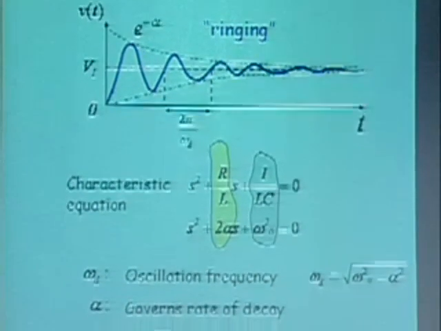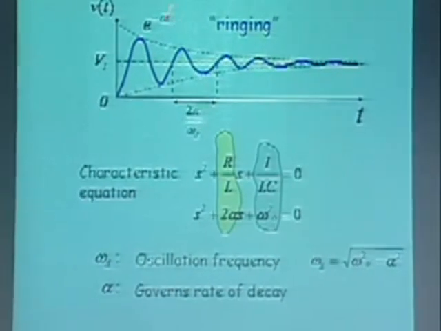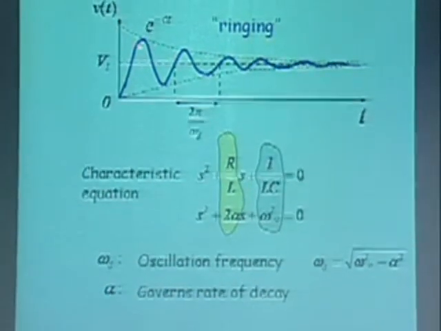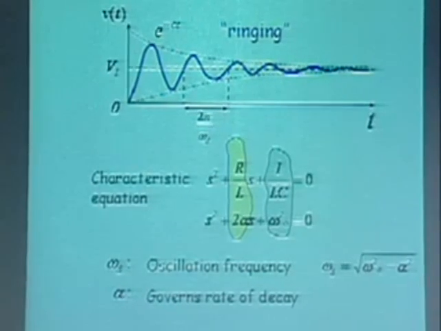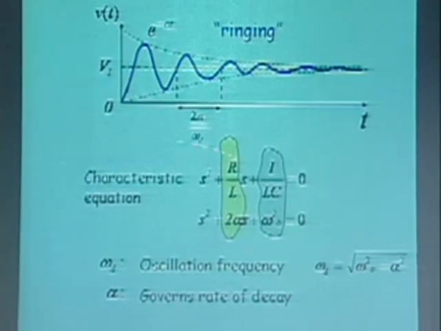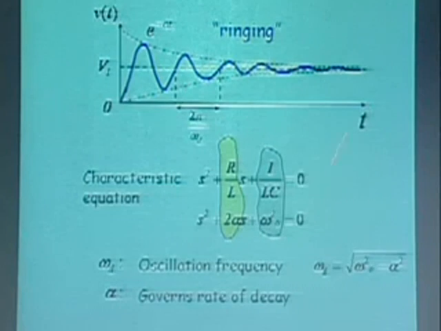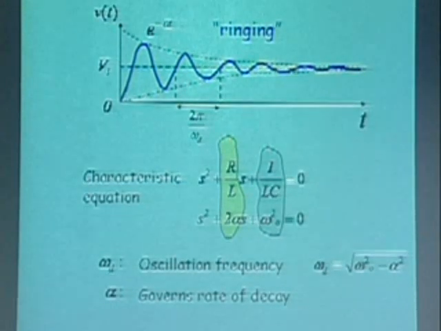Alpha governs how quickly your sinusoid decays. So e to the minus alpha t here is the envelope that governs how quickly my sinusoid decays. And notice that each of these terms, alpha and omega naught, comes directly from my characteristic equation, which means that once you get your characteristic equation, you really don't have to do much else.